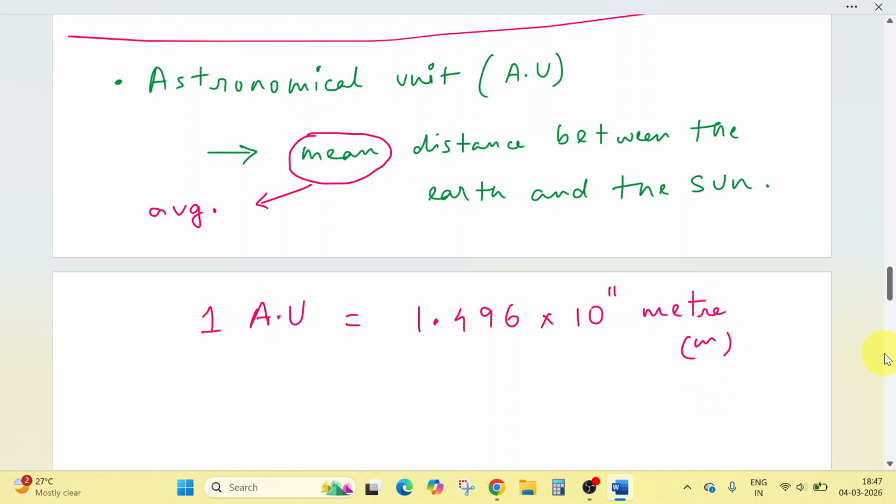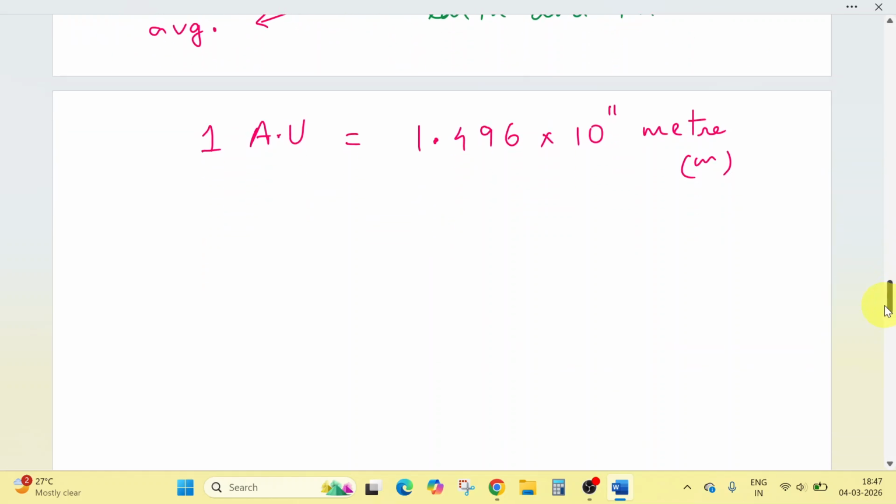So here also you see, before the decimal point I am writing only one non-zero single digit, right? So this is the distance between Earth and Sun. Now if I say 3 astronomical units, it will be 3 into 1.496 into 10 to the power 11 meter. Okay, so it is astronomical unit, and the next thing is parsec.